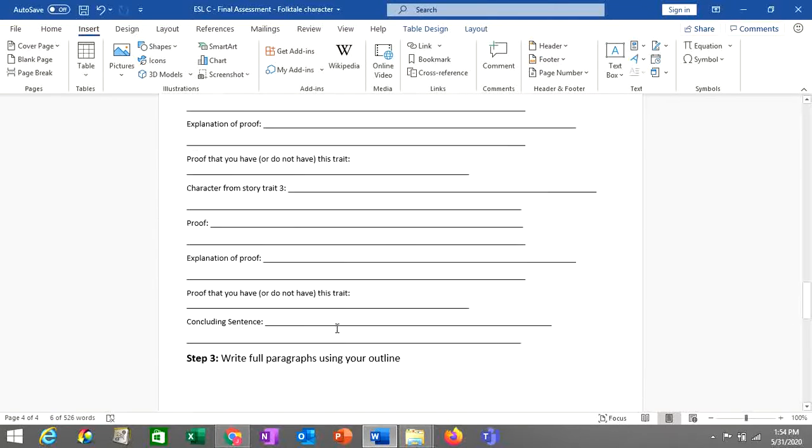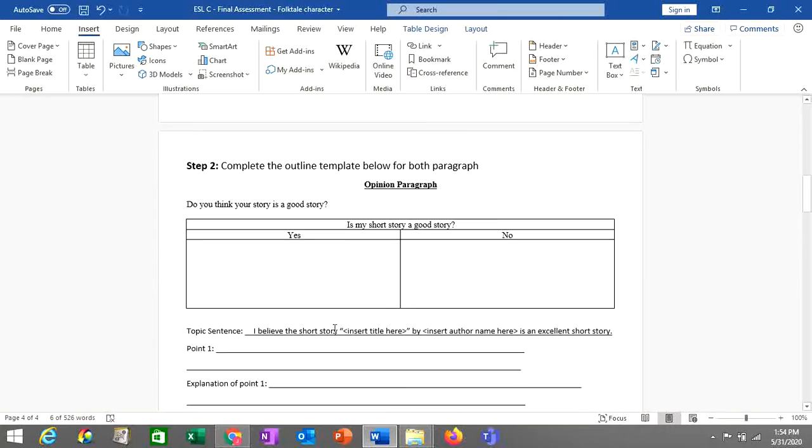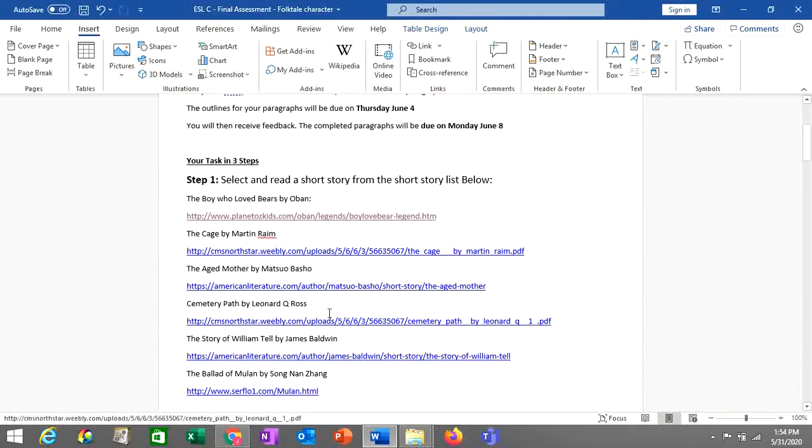So for an example, if you were to choose the cemetery path story, as we said, this story takes place in Russia a couple years back. So you are going to see some vocabulary that you may have to look up, some words that aren't really used much in this part of the world or at this time. So for example, words like saber, which is a type of curved sword.